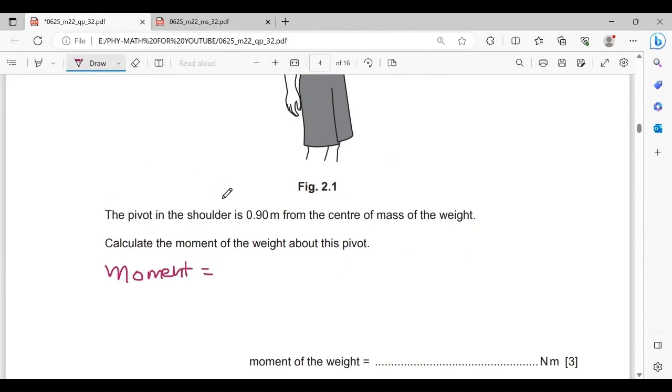Moment of the weight is 0.9 meters times 50 newtons, and the result is 45 newton meters.